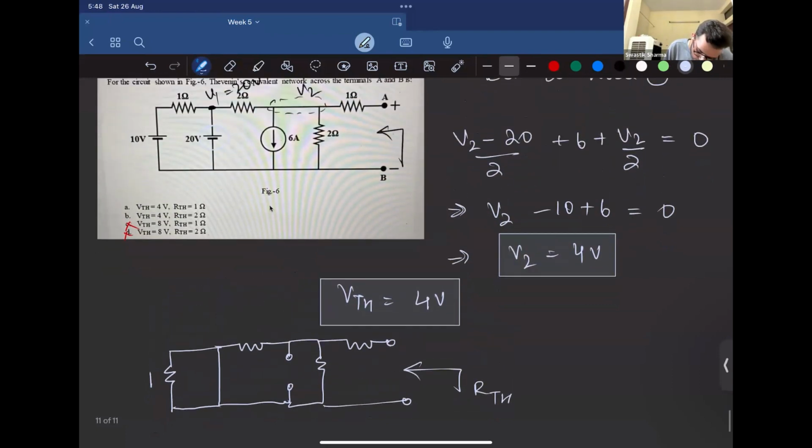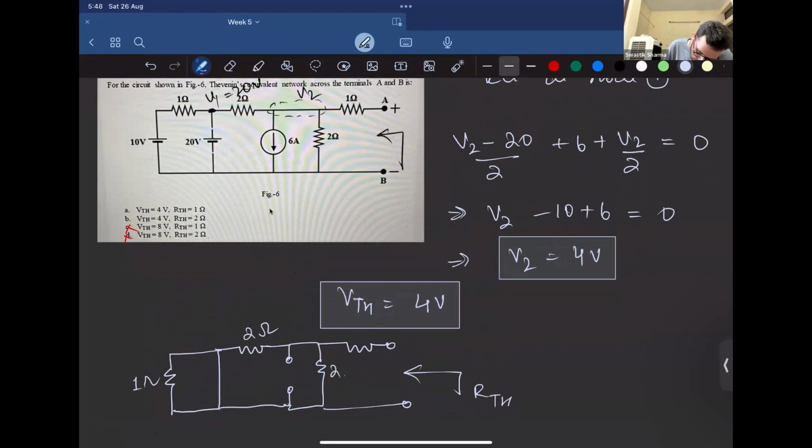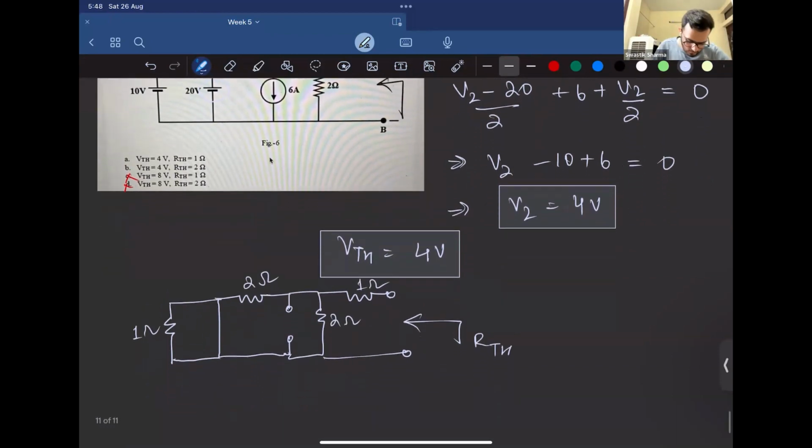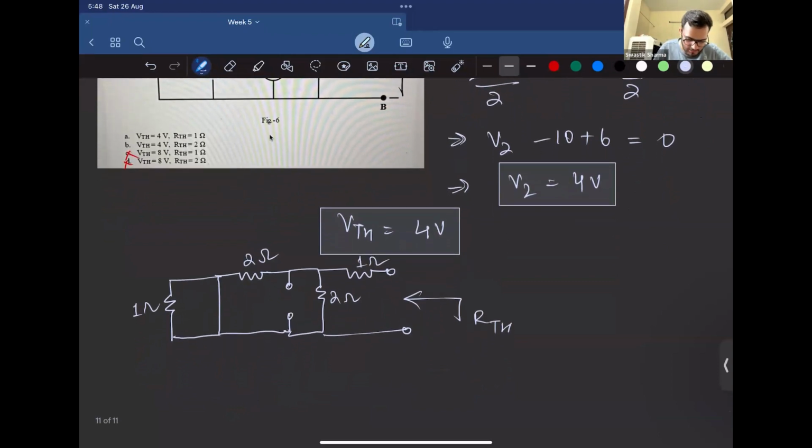So it's 1 ohm, 2 ohm, 2 ohm, and 1 ohm. It's very easy, right? Can anyone solve for RTH? Inessa, I want an answer from you.